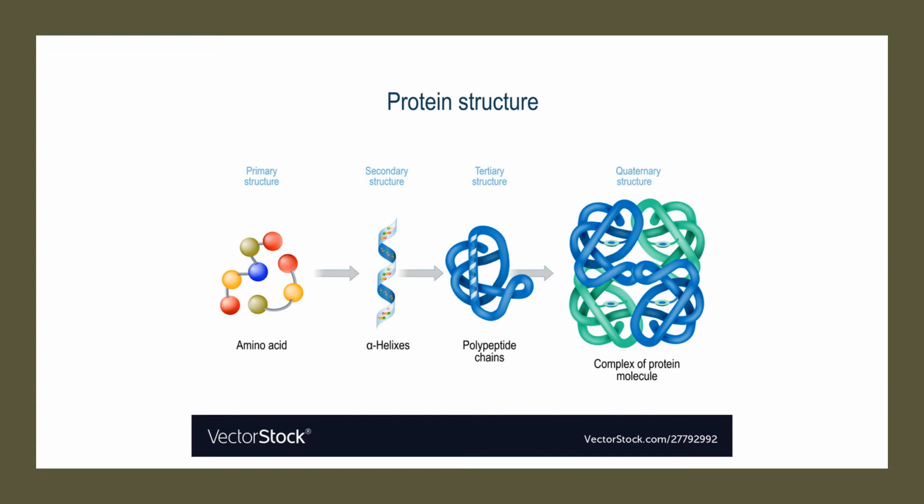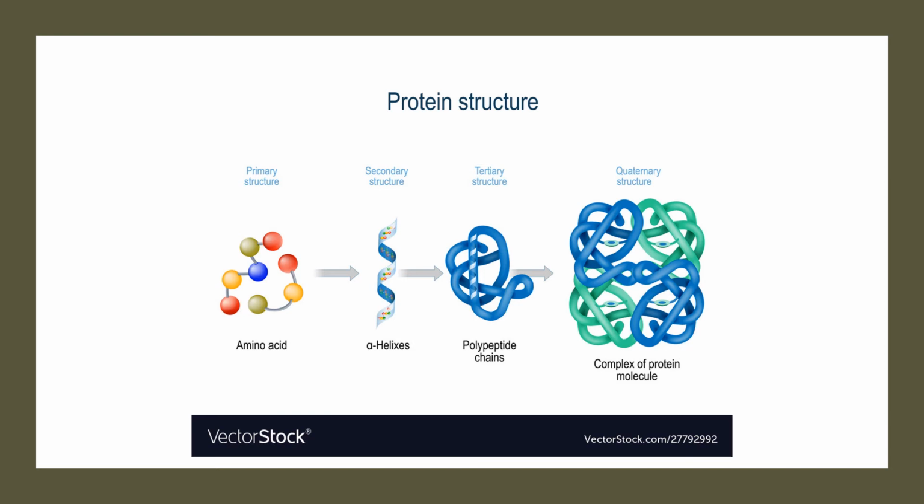Here is, again, the infographic of the protein structure. We don't really need to retain this, but there's a primary structure, secondary, tertiary, and quaternary. And it's in the quaternary structure that the protein becomes a complete molecule and is capable of doing its job, whether it's an enzyme, a hormone, a muscle protein, muscle fiber, or a transport molecule.